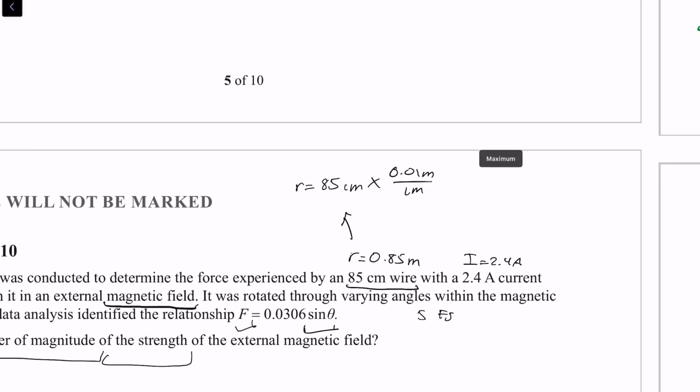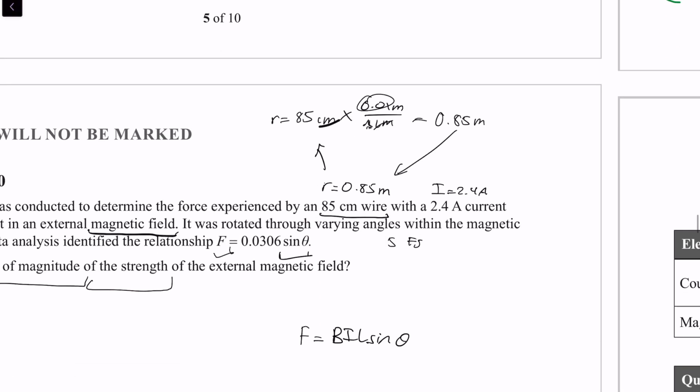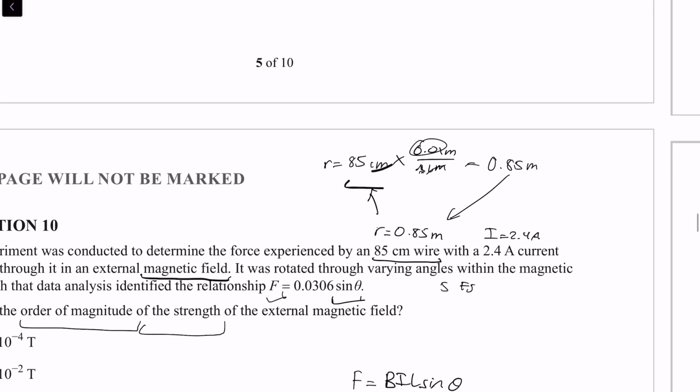Basically what I did is saying how many meters in 1 centimeter, and then putting the centimeters on the top and bottom to cancel out, and then timesing by this factor. So that's going to be 0.85 meters, which is what I put there. So that's just a way to understand converting.